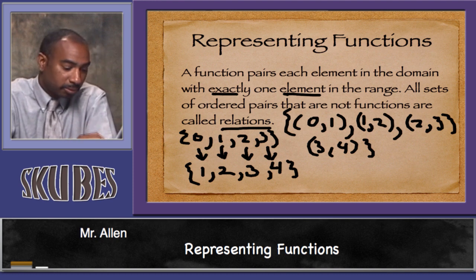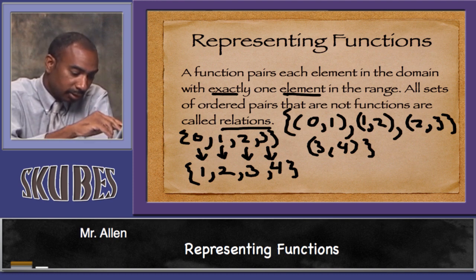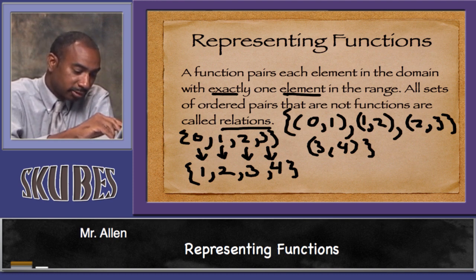And notice that each ordered pair is assigned to a different element. You don't see the same element twice: (0, 1), (1, 2), (2, 3), (3, 4). You don't see 0 repeat twice, or 1 repeat twice, or 2, or the 3.